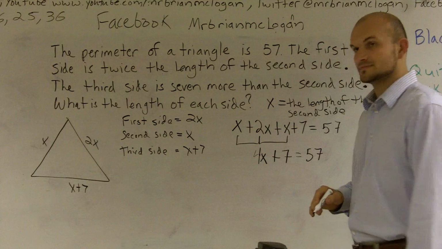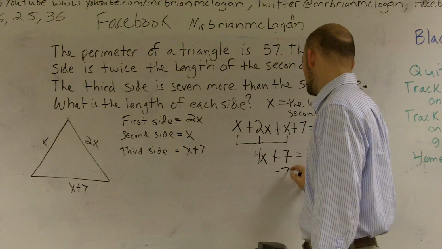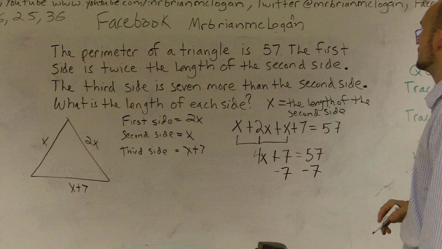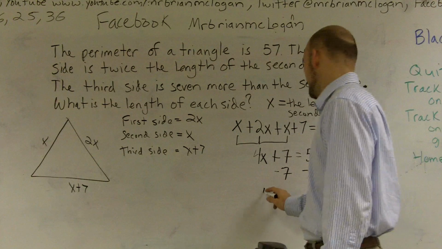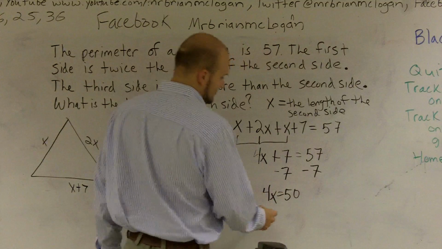Now we have to subtract 7. Therefore I get 4x is equal to 50.